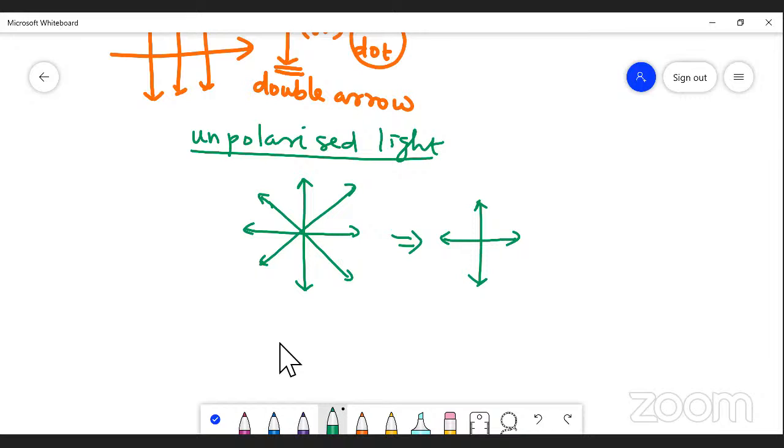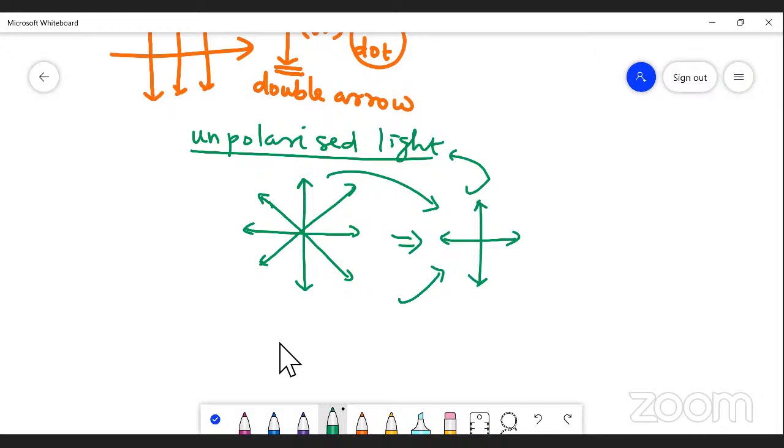Because if the vibrations of the electric field are resolved into horizontal and vertical components, this light becomes like this. By resolving the vibrations of the electric field in the light wave into horizontal and vertical components, this image becomes like this.